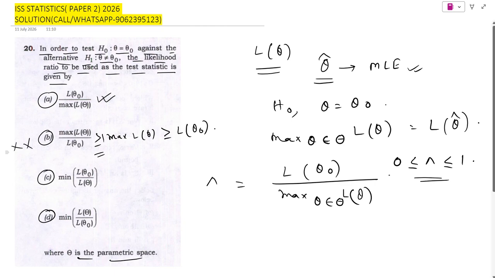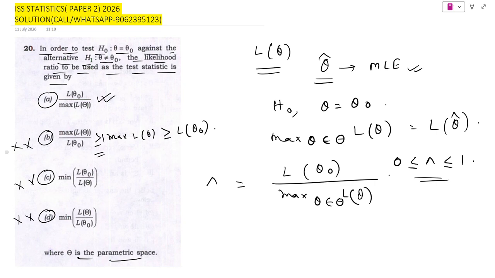Now come to option C. There is no definition of LRT involving the minimum of these ratios. Instead, we divide by the maximum likelihood. So this is also incorrect. Now come to option D. Again, this is not the likelihood ratio test statistic, so incorrect.